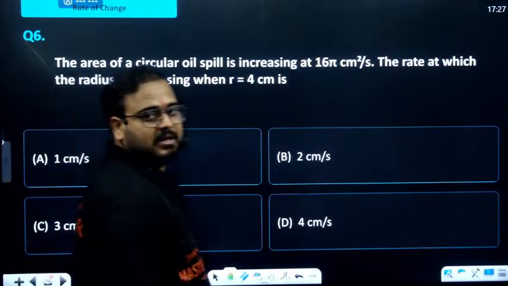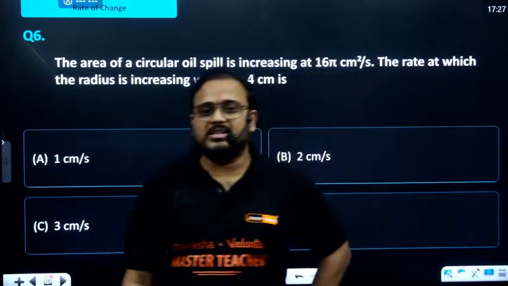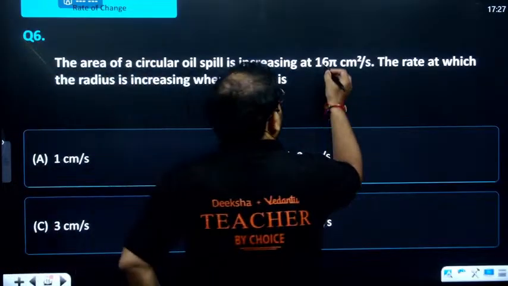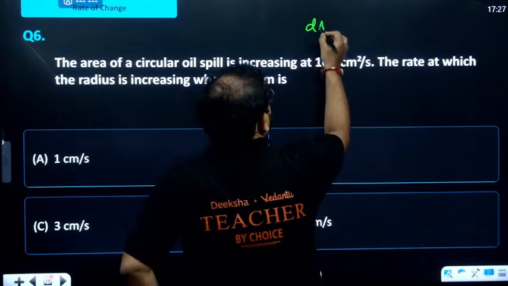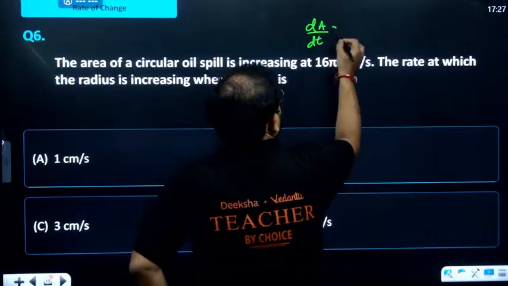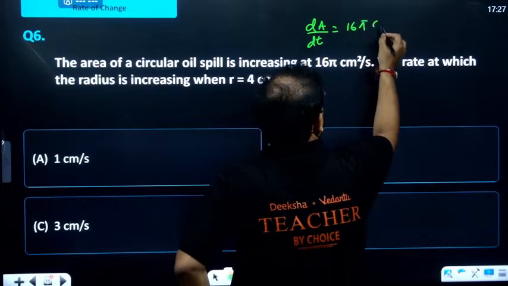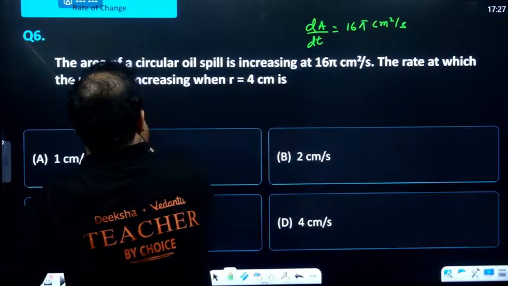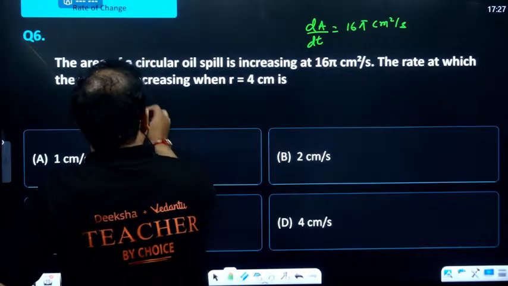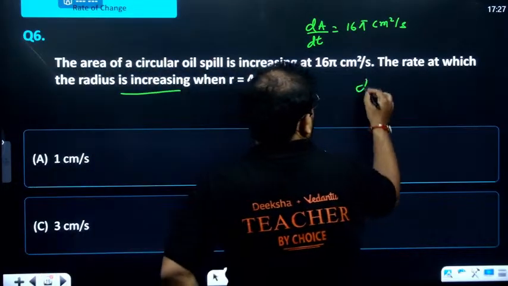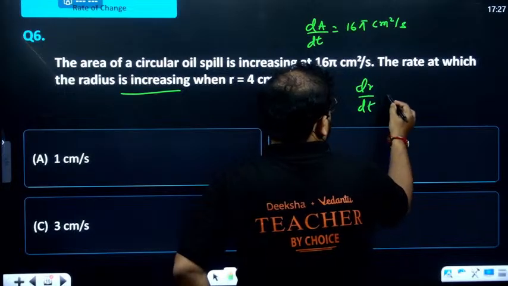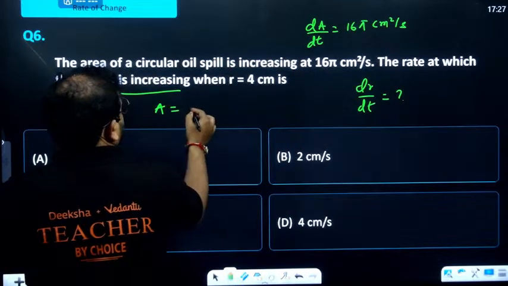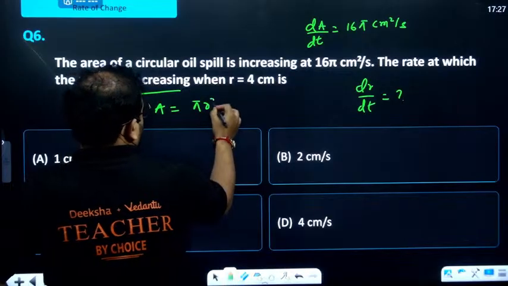Question number 6. The area of a circular oil spill is increasing at 16 pi centimeter square. We have done a similar one in the solved example as well. dA by dt is given as 16 pi centimeter square per second. We want to find the rate at which the radius is increasing, dr by dt. A is given as pi r square.